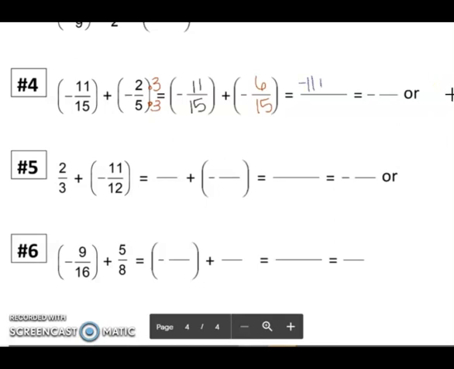I'm going to add the numerators together. So negative 11 plus negative 6 would be negative 17 over 15.